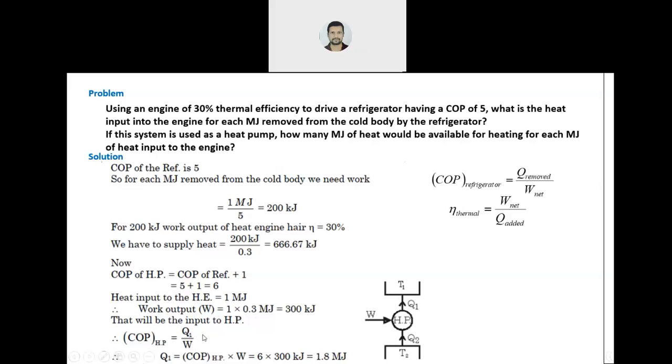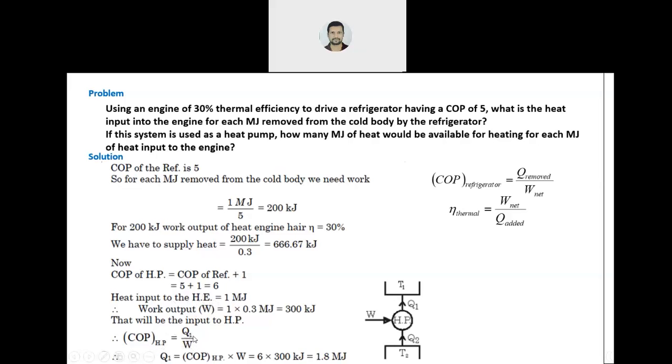So Q added will be how much? See, this Q added is different, this Q added is different. This is heat added to the heat engine. Now we have to find this Q added, which is added in the case of heat pump. Okay, don't confuse here. Here heat is input to the heat engine, so you talk about efficiency.